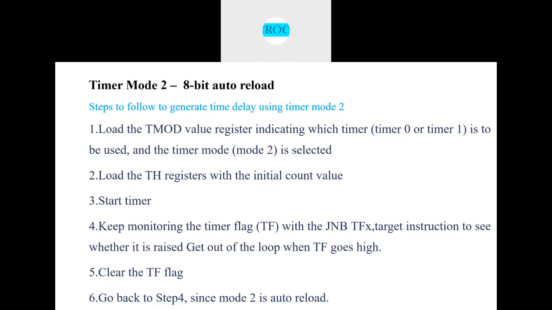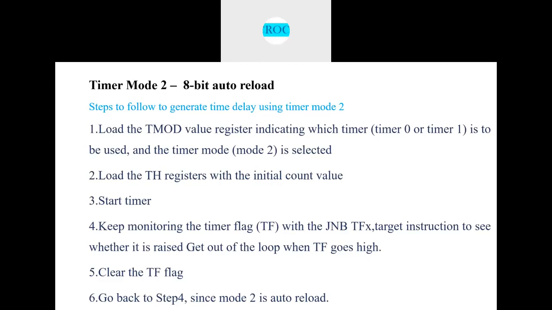If I'm using timer 0, you load 02H into the TMOD register, so that the M0 bit will be 0 and the M1 bit will be 1. Similarly, if timer 1 is selected to operate in mode 2, you load the TMOD register with 20H, so that for timer 1, the M0 value will be 0 and the M1 value will be 1.